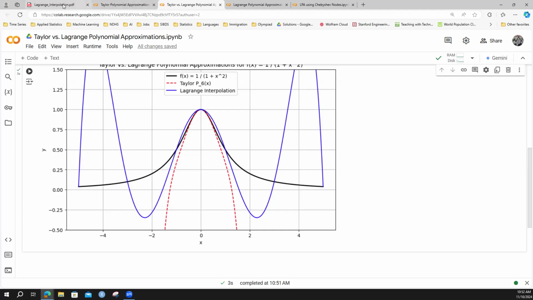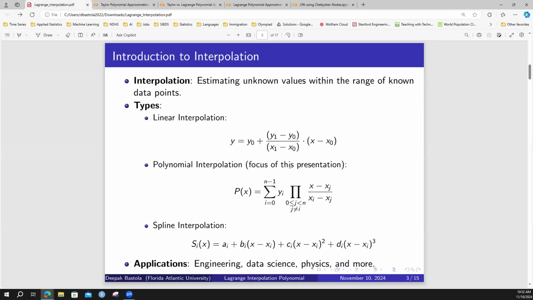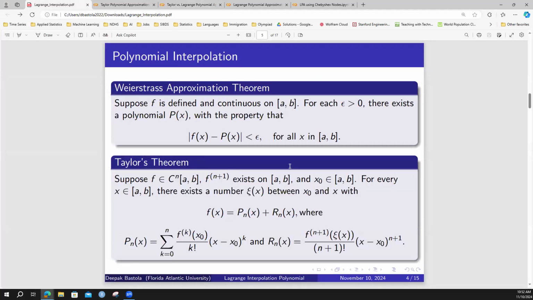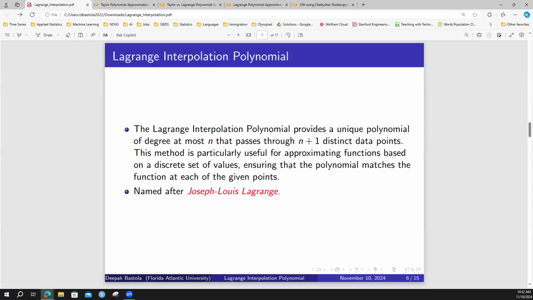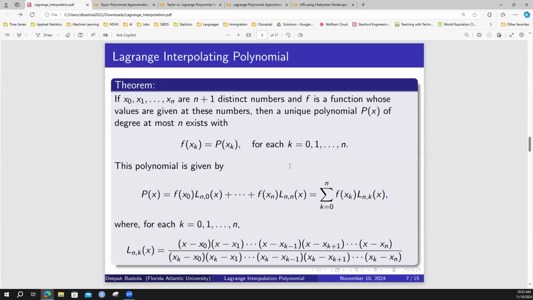All right. So that motivated us to understand how this works and what this actually is. So here we will talk more about it. The Lagrange theorem tells us if there are n plus 1 distinct numbers, x0 to xn, and there is a function whose values are given at these numbers, then a unique polynomial P(x) of degree at most n exists.